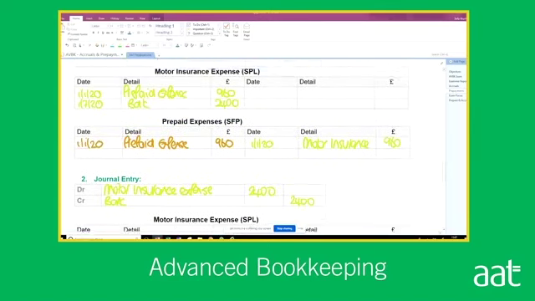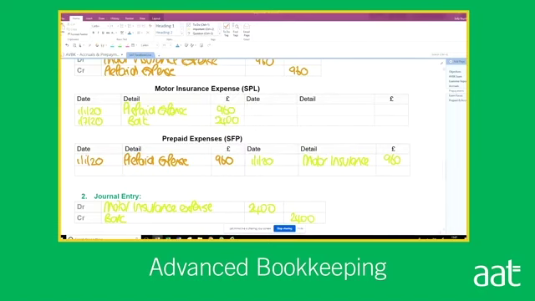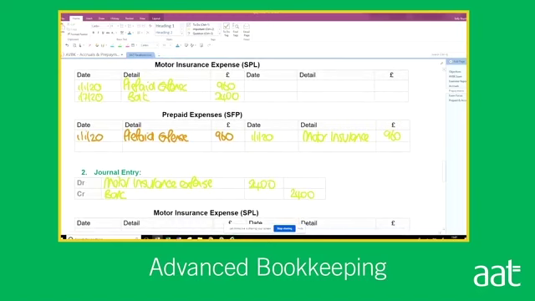So I'll just get a different colour here. Go there. So in terms of the prepaid expense in the financial position, remembering the dates, we are looking at the 31st of December because it's a financial year end accounting adjustment. So I would have my motor insurance, okay, of 1,200.